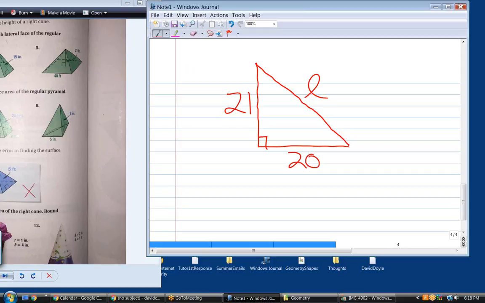Right. Now, I don't want the area of that triangle. I got to solve for lambda. What is lambda? Use your calculator and figure out what lambda is.